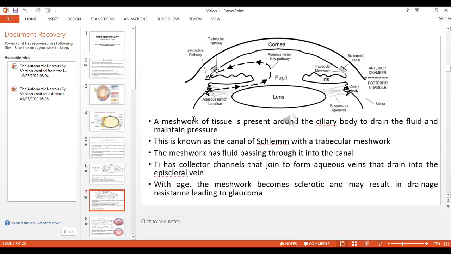That's what we are talking about. So with age, the meshwork becomes sclerotic and may result in drainage resistance leading to glaucoma. And glaucoma is very common in old people. No wonder you find that with age, the meshwork becomes sclerotic when people grow older, or maybe they're pre-exposed to certain conditions that result in this same phenomenon.